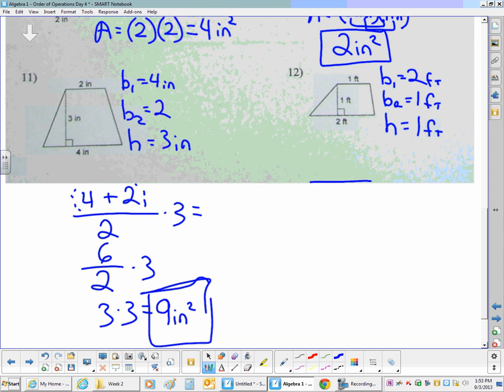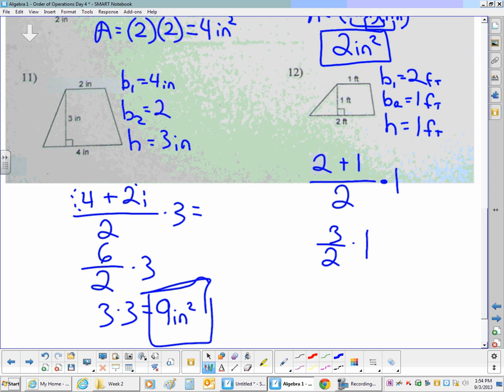So first we make our fraction. The top of the fraction has 2 plus 1. There's always a 2 on the bottom. That's just how the formula works. We're taking the average of those two bases, actually. And then we multiply by 1, which is the height. So in this case, we have 2 plus 1, which is 3 over 2 times 1.